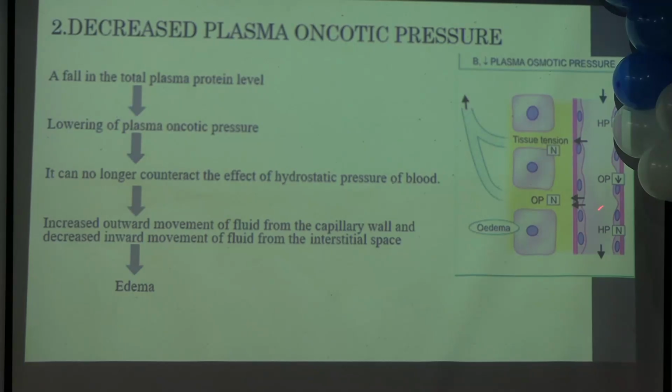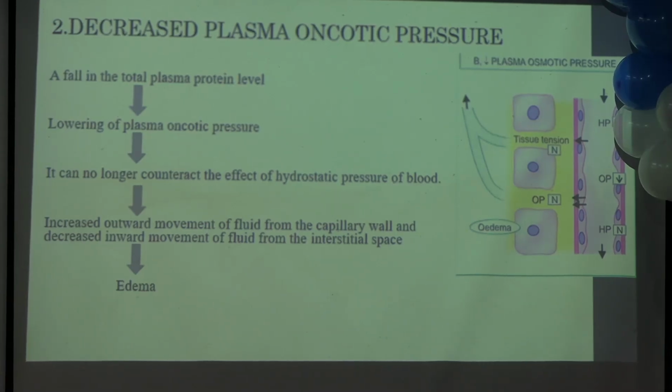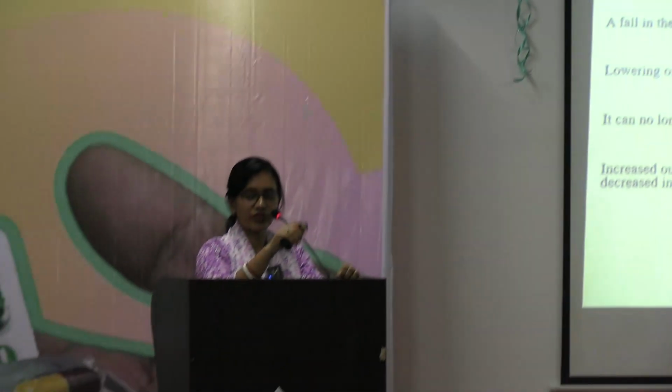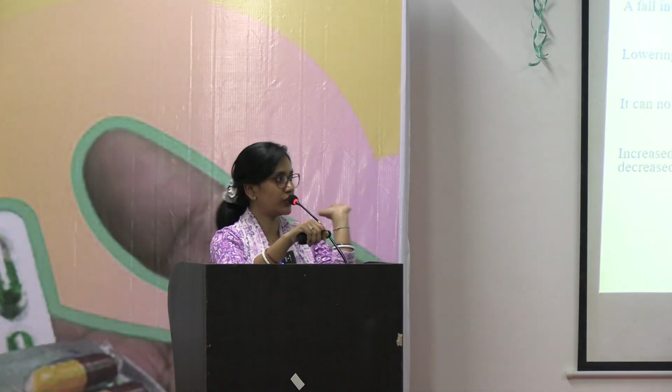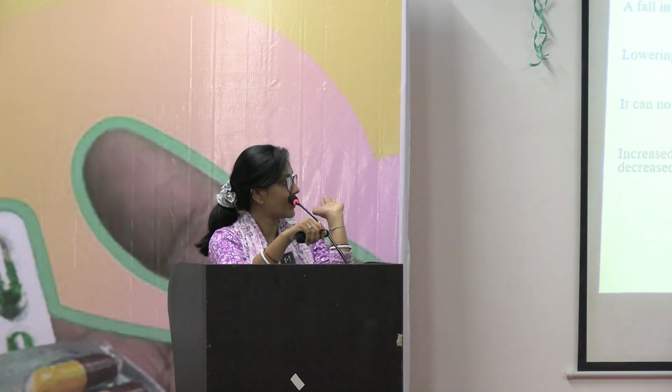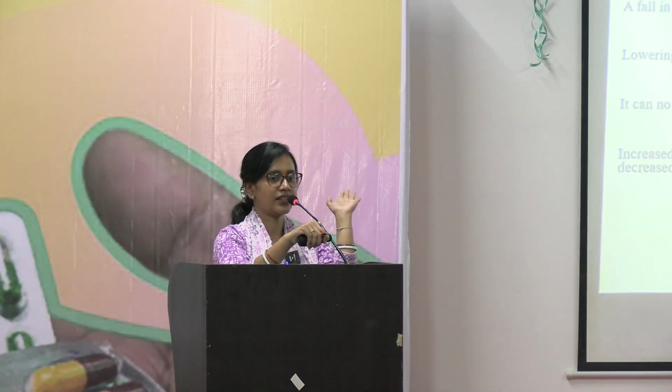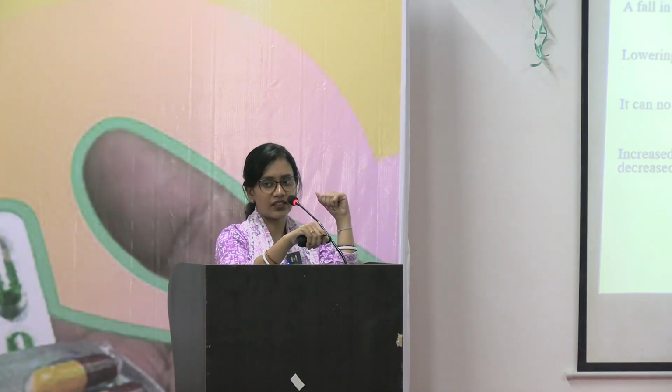This will cause a decreased oncotic, osmotic pressure. If one of the pressures is reduced, then the other pressure cannot be counteracted. So there will be an increased movement of the fluid into the interstitium. Along with that, there will be decreased reabsorption of the fluid at the venular end, leading to edema.